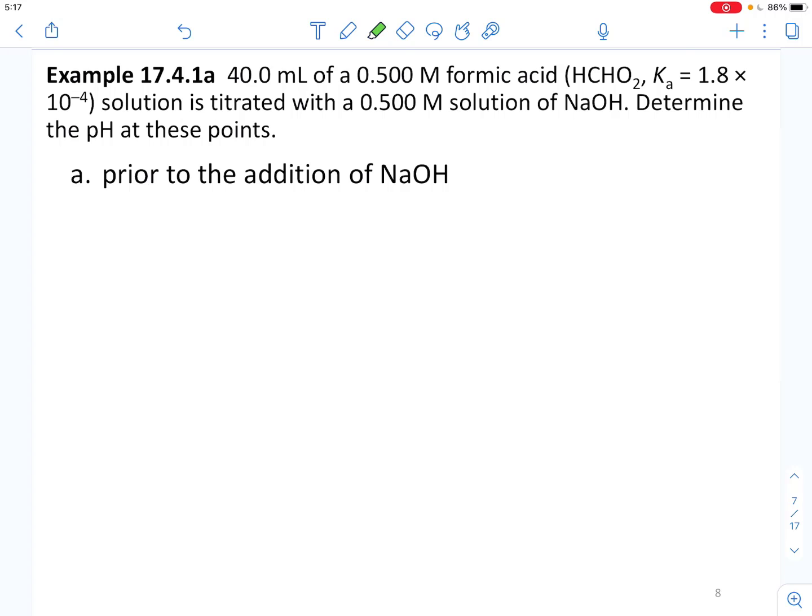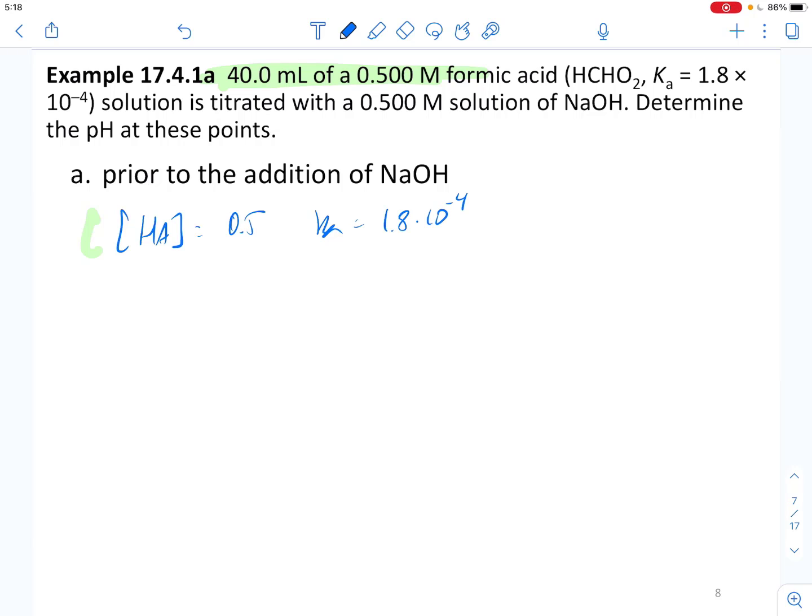So you have 40 milliliters of 0.5 molar formic acid. The concentration of HA is equal to 0.5 and Ka is equal to 1.8 times 10 to the negative 4.